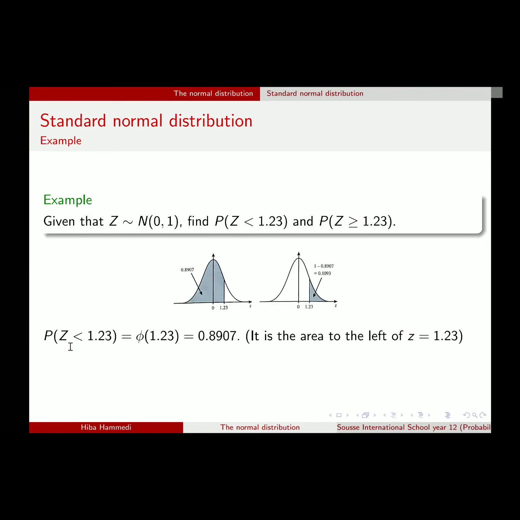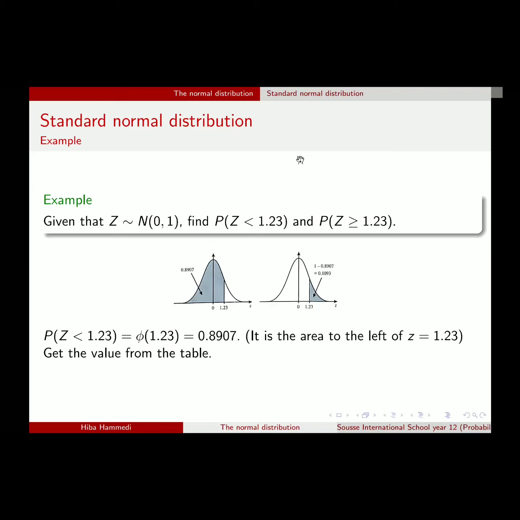Now we know that the probability of Z less than 1.23 is equal to phi of 1.23, and this represents the area under the graph where these values are less than 1.23. So if we use the table, it will give you that it's 0.8907.